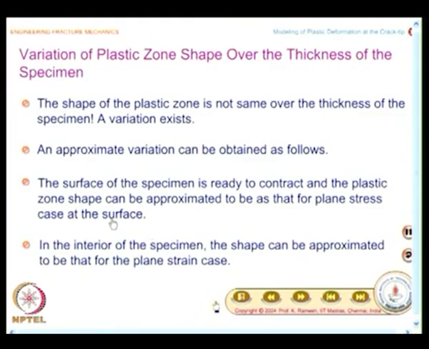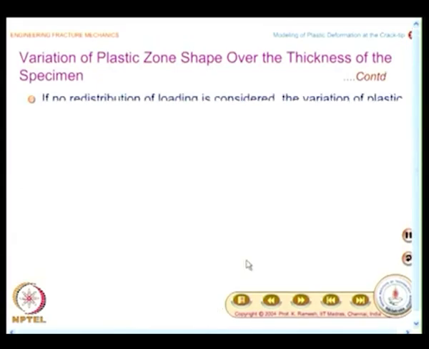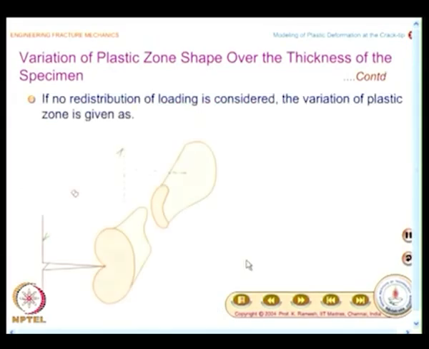So, on the surface the shape is what is seen for the plane stress case. In the interior of the specimen the shape can be approximated to be that for the plane strain case. And I would like you to make a reasonable sketch of this.